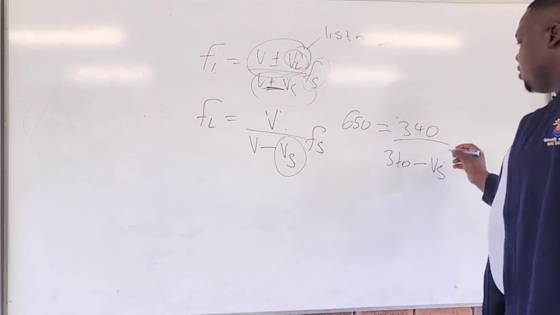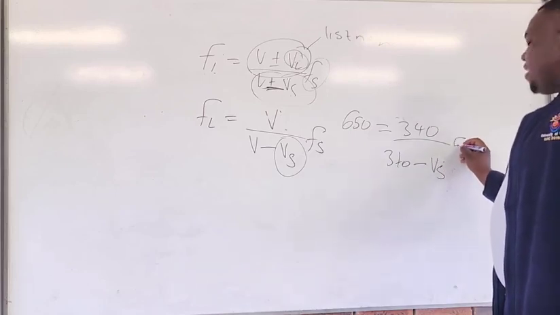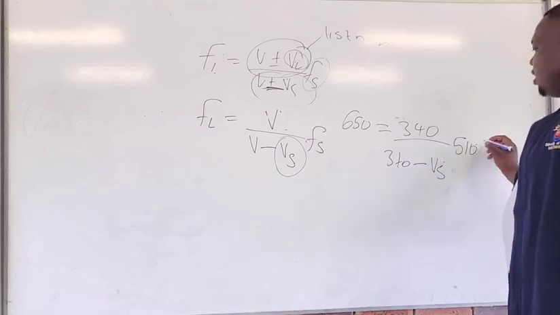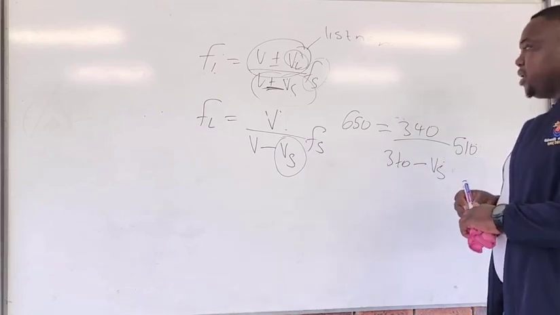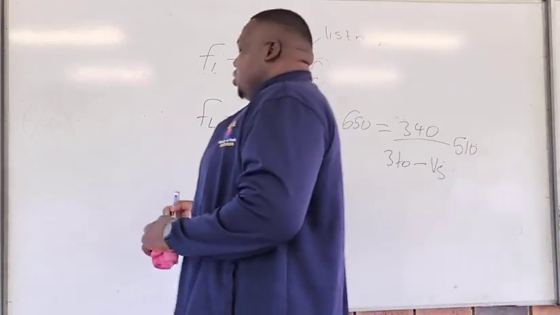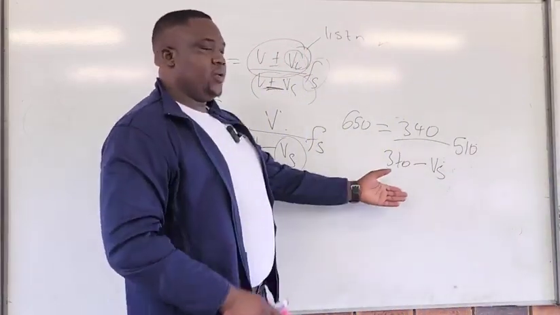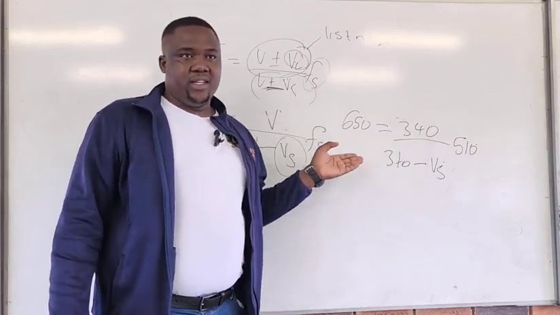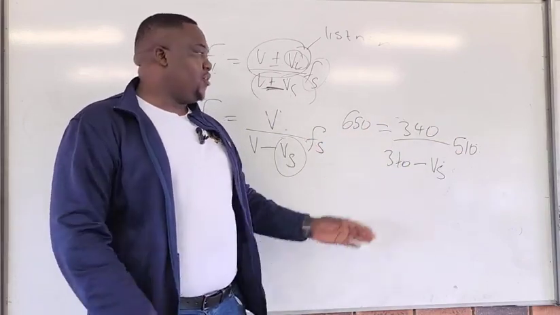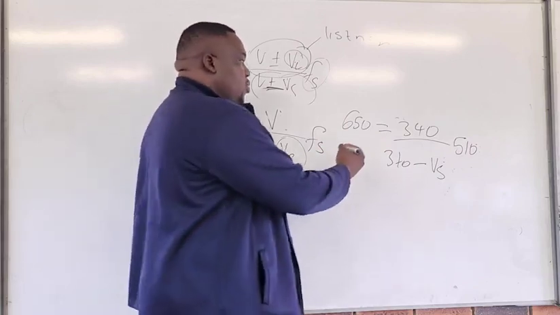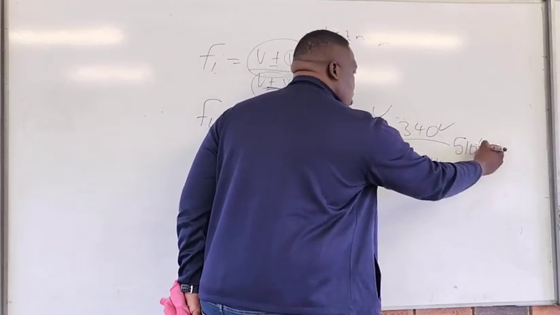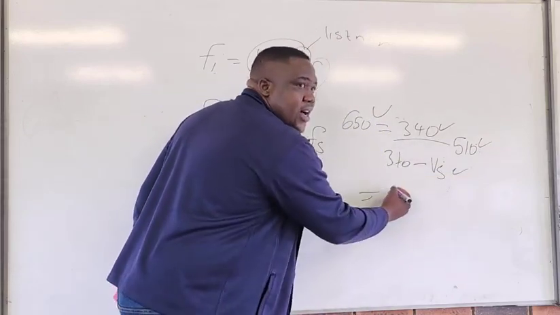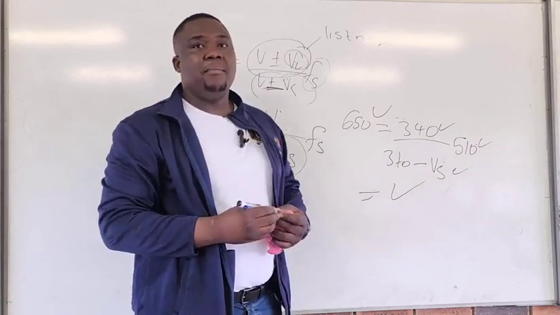Then they give you 510 hertz as the frequency produced by the source. You find that the question is 5 marks. You have substituted correctly. Meaning that for correct substitution, we're going to give you 4 marks.